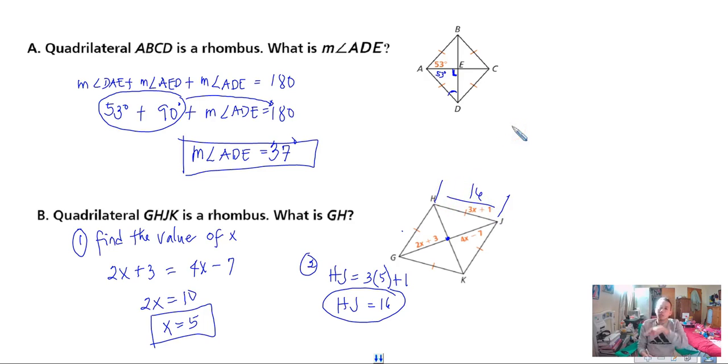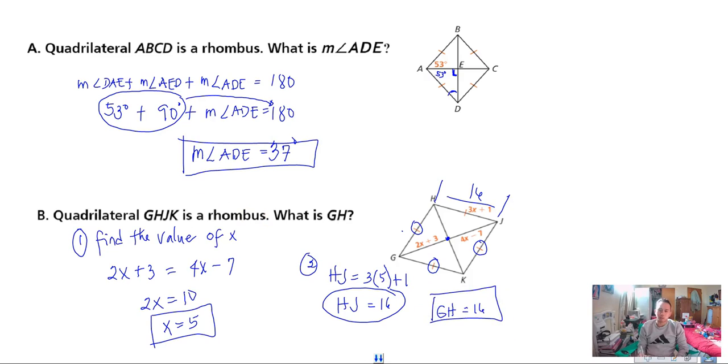Thus, all of the sides of a rhombus, based on the definition of a rhombus, are congruent. You can also see this little symbol here, the symbol of congruency, meaning they have the same measure. Therefore, GH is also 16, to answer that question.